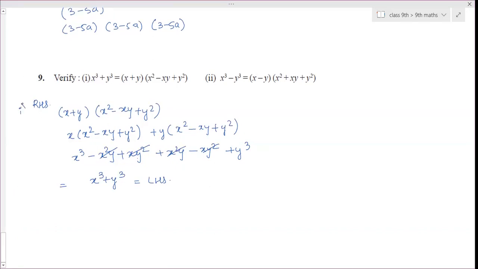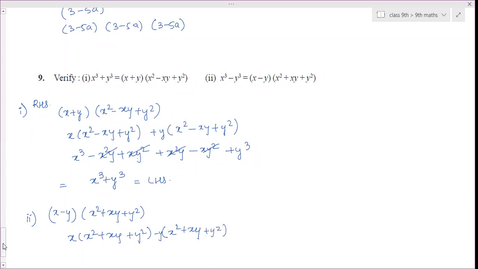Next verification also the same way. For the RHS, we have to multiply x minus y with x square plus xy plus y square. So it is x into x square plus xy plus y square, minus y into bracket x square plus xy plus y square.